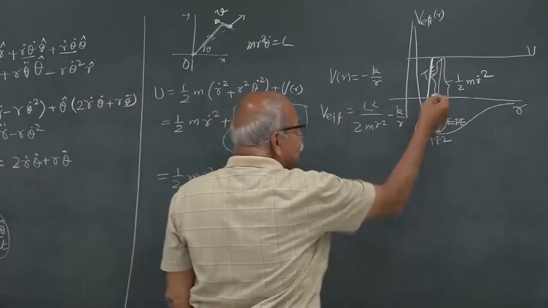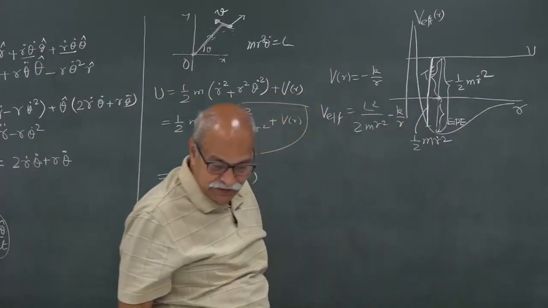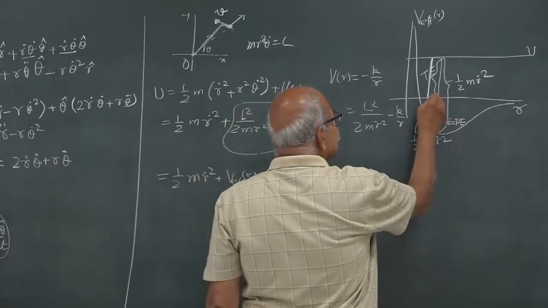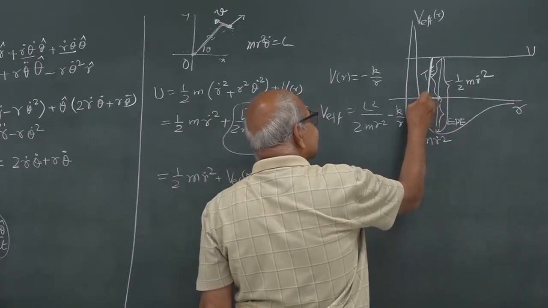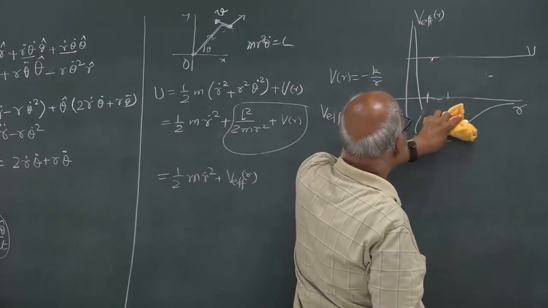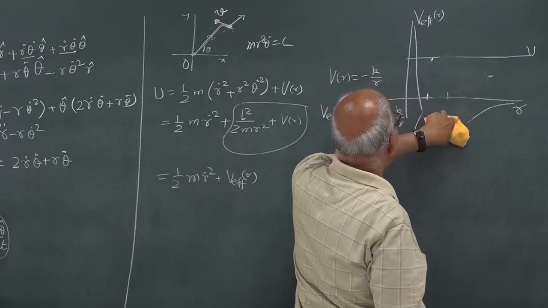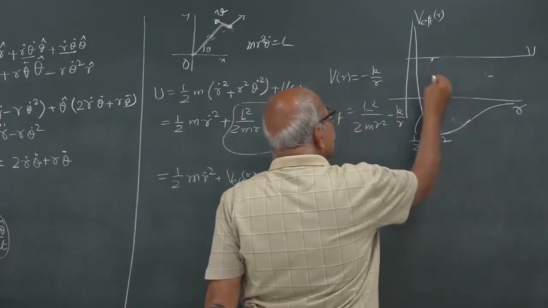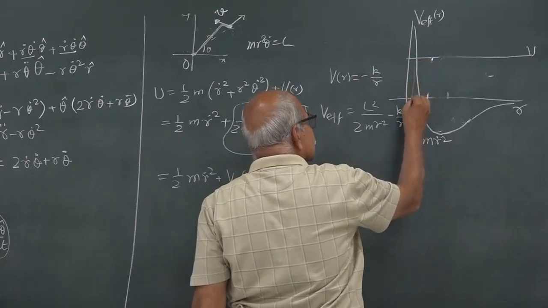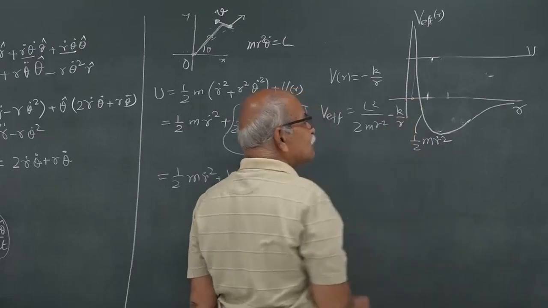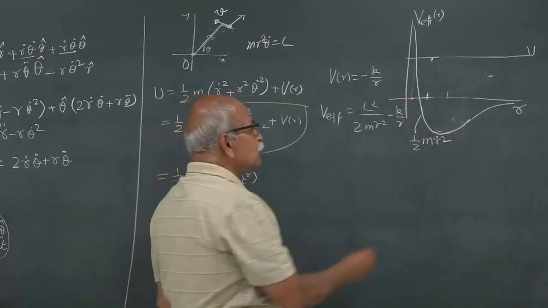So, what happens on this diagram? Let us see. On this diagram, as r decreases, you are going this side, this side, and finally at some stage you will reach here. Suppose r is decreased to this value.